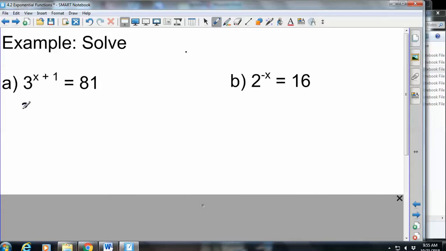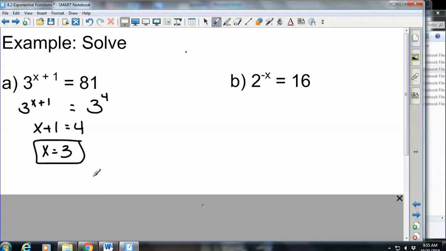Now 3 doesn't break down at all. But can you write 81 as 3 to some power? 3 to the 4th power is equal to 81. So now I have the same base on each side. So that means the exponents are equal. So x plus 1 equals 4. Subtract your 1 and you get x equals 3.